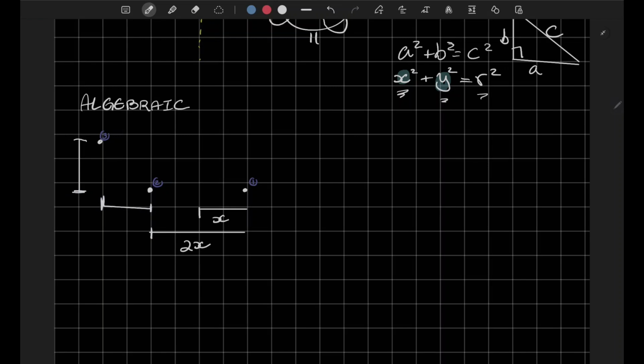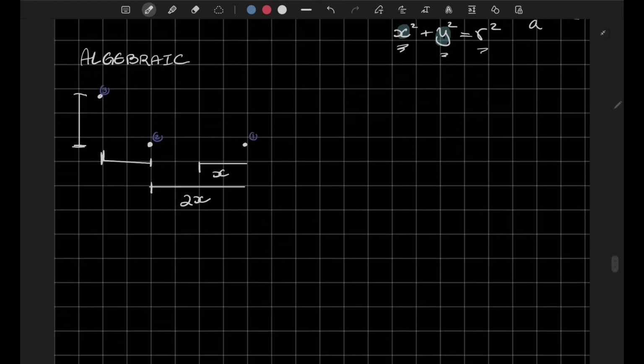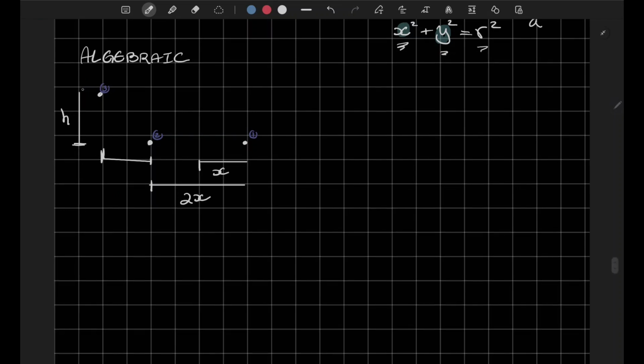And remember that the labeling is arbitrary, so any point could be 2 or 3. So let's say 1, 2, 3. When you're actually just given 3 points, this is just to make it easier for us to deal with right now. We're going to have some distance h. h could be negative. If h is negative, we're going to be going this way. But for now, let h, if positive, be this direction.